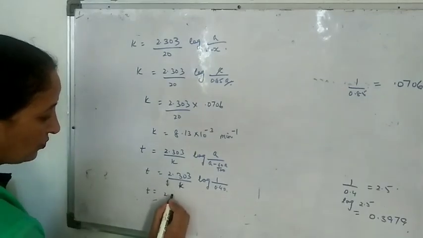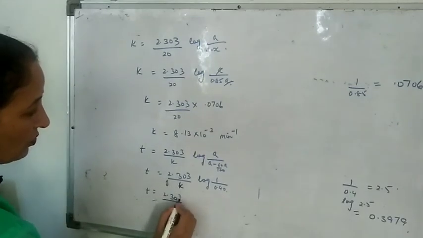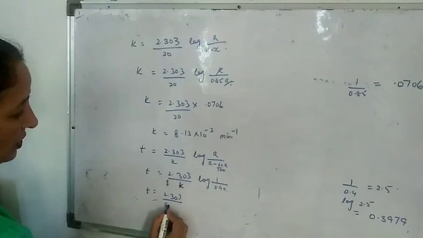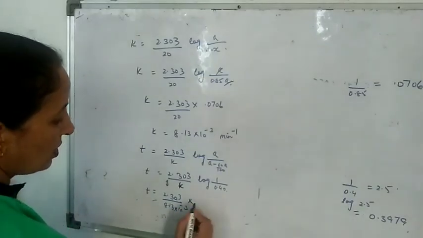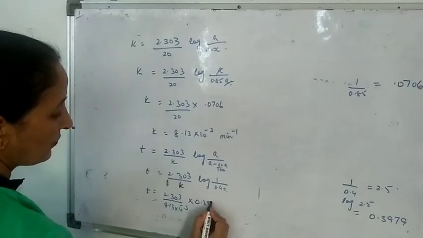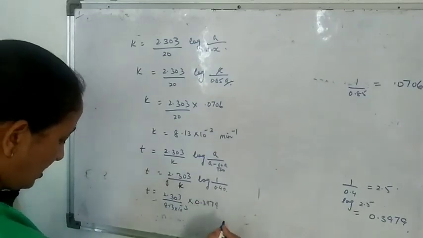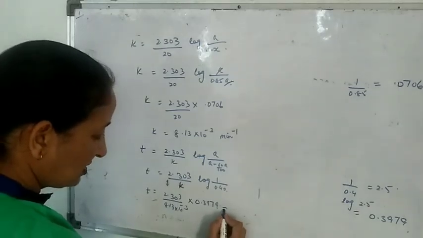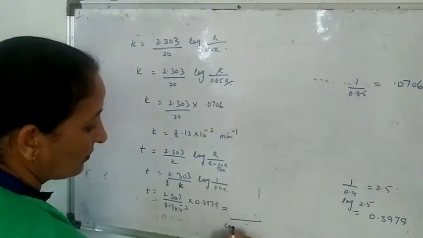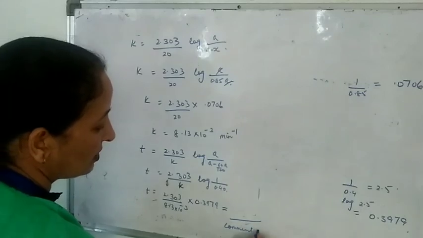T is equal to 2.303 upon 8.13 into 10 raised to power minus 3 into 0.3979, and you solve its answer and let me know in the comment section.